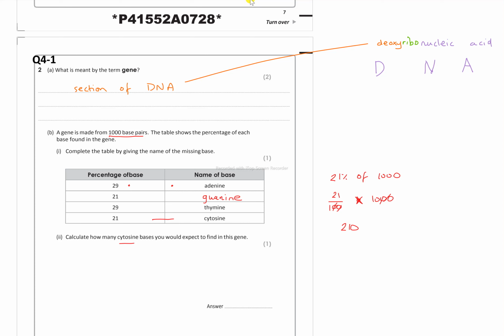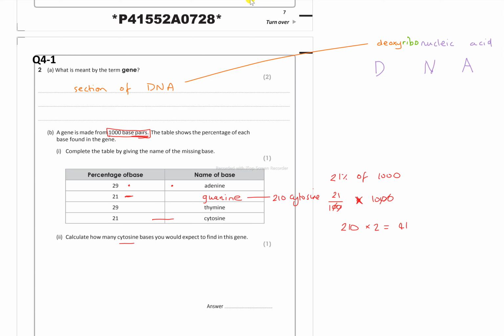We're expecting double that because you've also got 21% guanine. So you just double that. We're expecting it's made out of base pairs. Remember the thing is pairs. So you've got cytosine, you've got guanine, and at the end of guanine you've also got 210 cytosines.